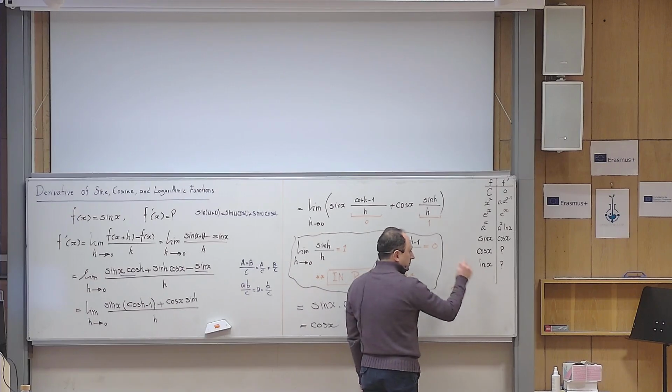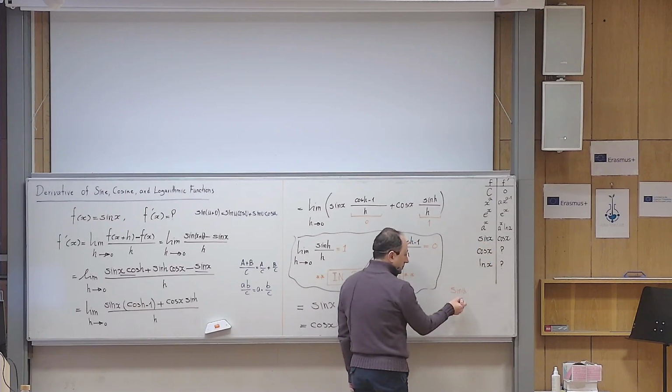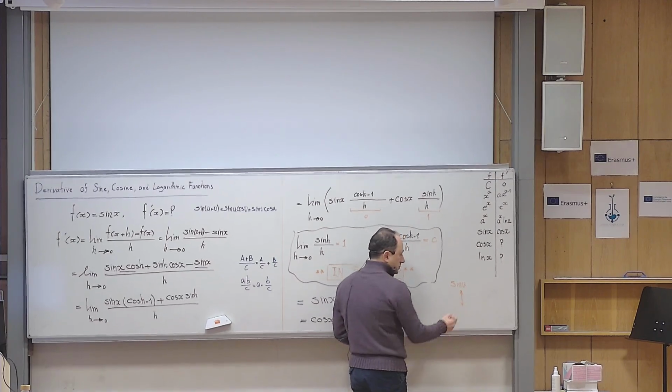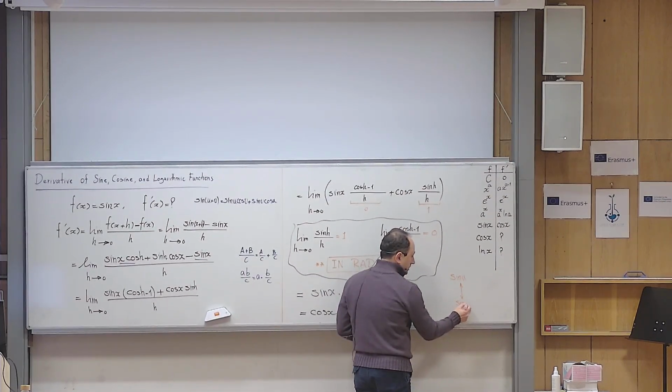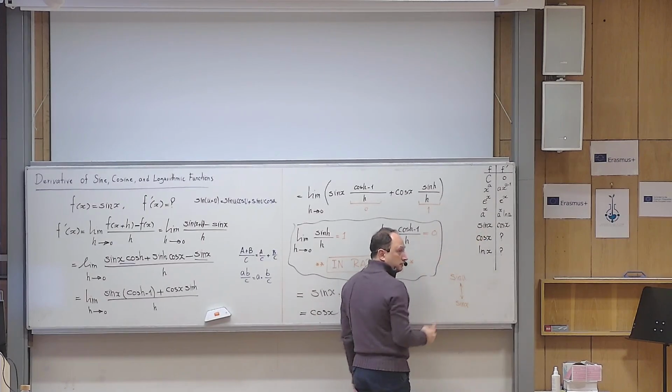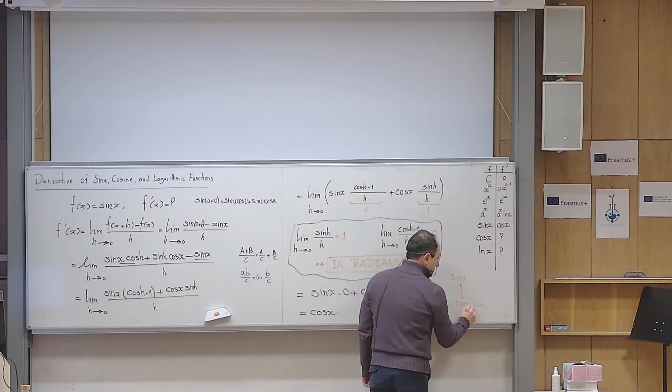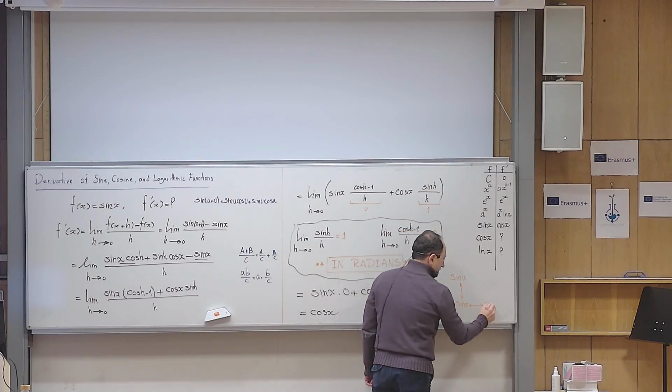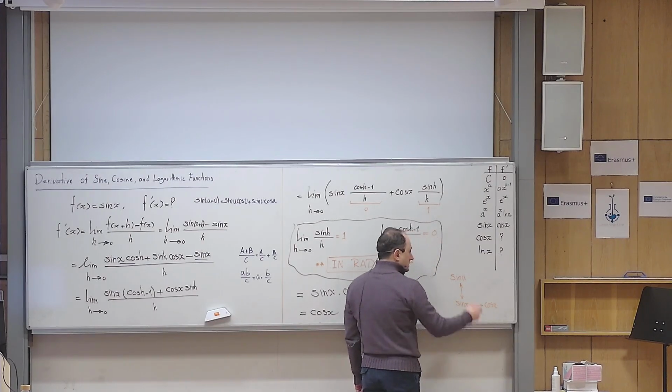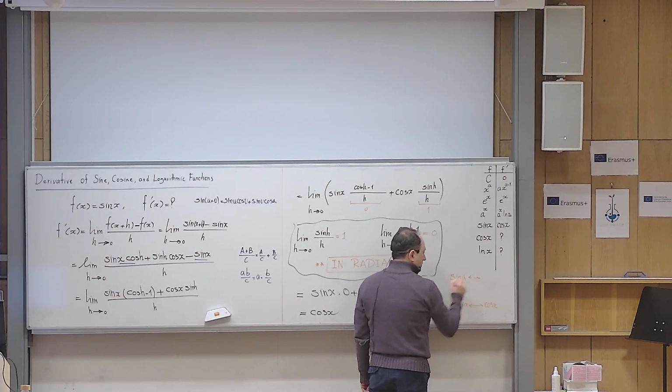It is in your table only if u is exactly x. But if u is not exactly x, this function is comparable to sine x, which is in my table, and I know how to differentiate it. The derivative becomes cosine x. So this means that I know how to differentiate this.